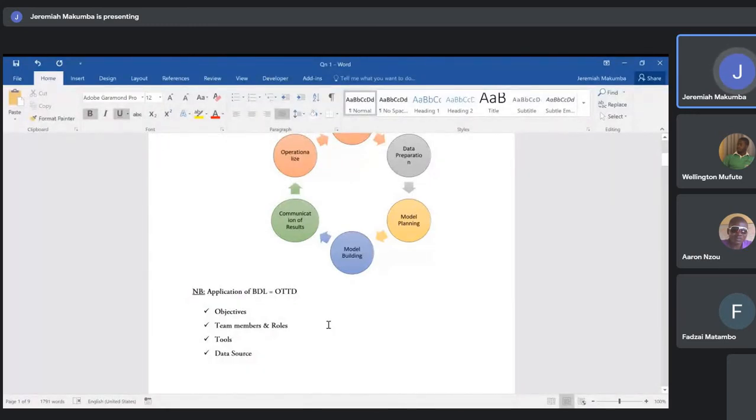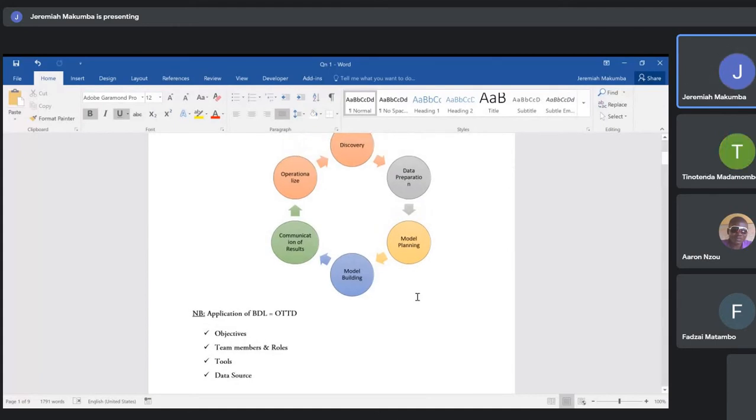When applying the BDAL, we use the objectives, team members and their roles, then the tools and the data sources on each and every stage of the lifecycle. On discovery, we shall be applying the OTD, and on data preparation, the OTTD.